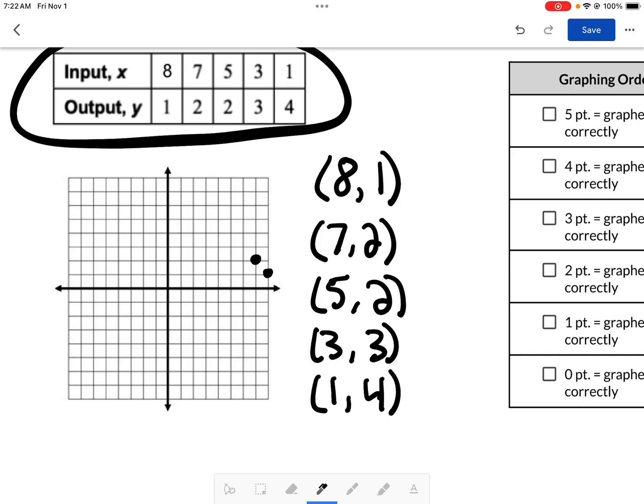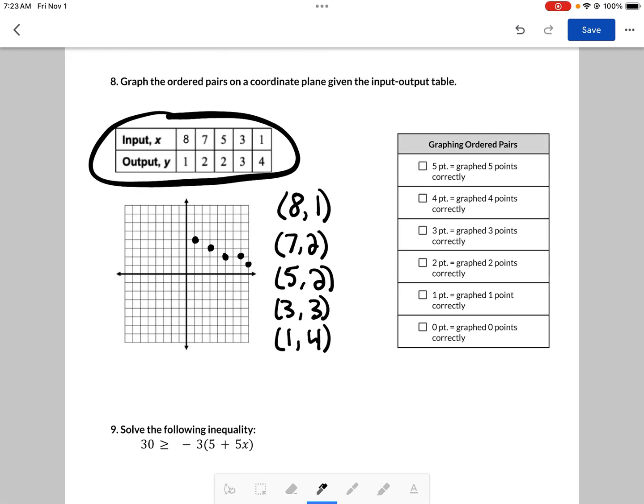For the next one, I'm going to go to the right 5, up 2. For the next one, I'm going to the right 3 and up 3. And for the last one, I'm going to the right 1 and I'm going up, oops, that was an accident. Going right 1 and up 1, 2, 3, 4. So there you have it. Those are your points you should have plotted for number 8.